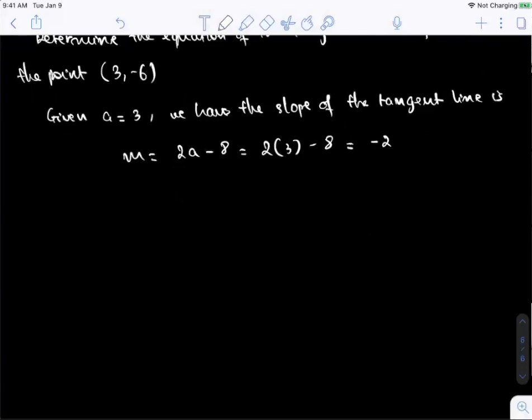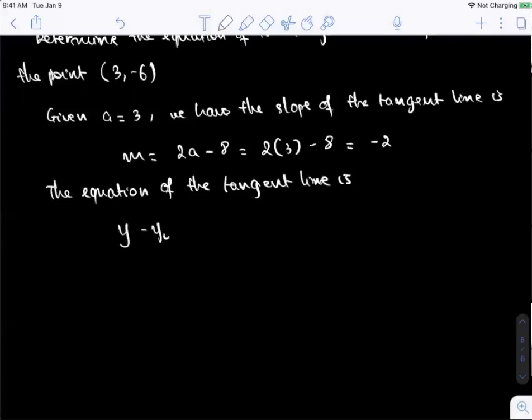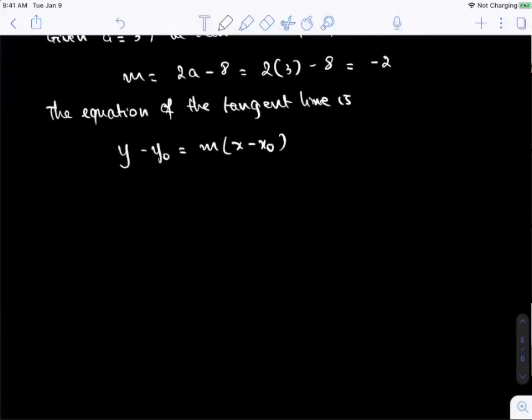So the equation of the tangent line is y minus y0 equals m times x minus x0. So y minus negative 6 equals m, which is negative 2, times x minus 3. That's the equation of the tangent line.